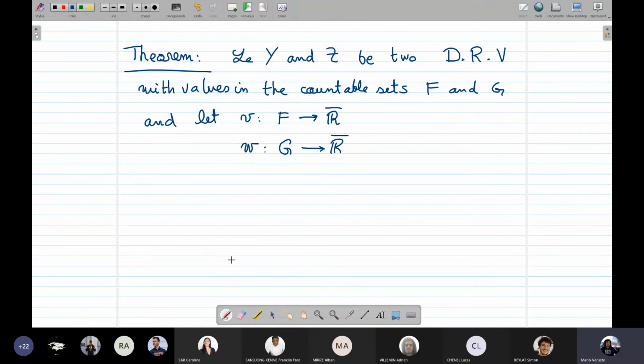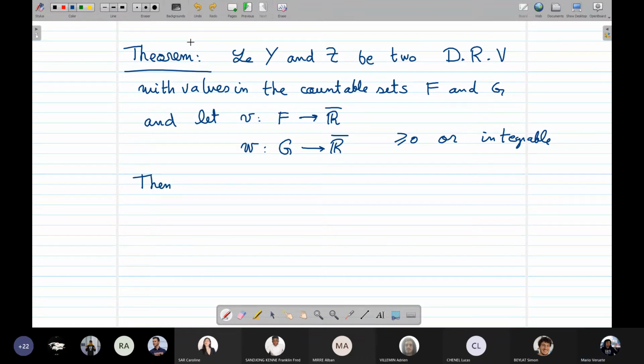Those functions are either non-negative or V of Y and W of Z are integrable. But that's not the important thing. The important thing is the conclusion.